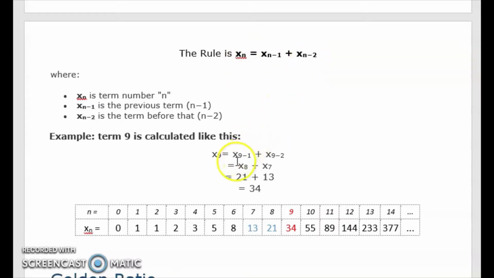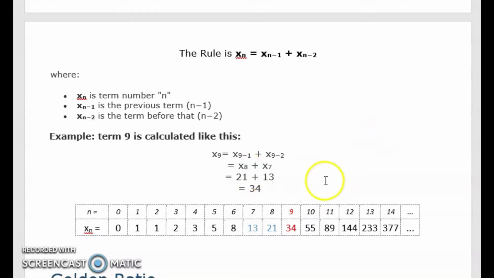Okay, so what is the nth term? 9. So x sub 9 equals x sub 9 minus 1 plus x sub 9 minus 2. By simplifying, x sub 9 equals x sub 8 plus x sub 7. Now we will substitute the value of the 8th term and 7th term. So what is the 8th term?